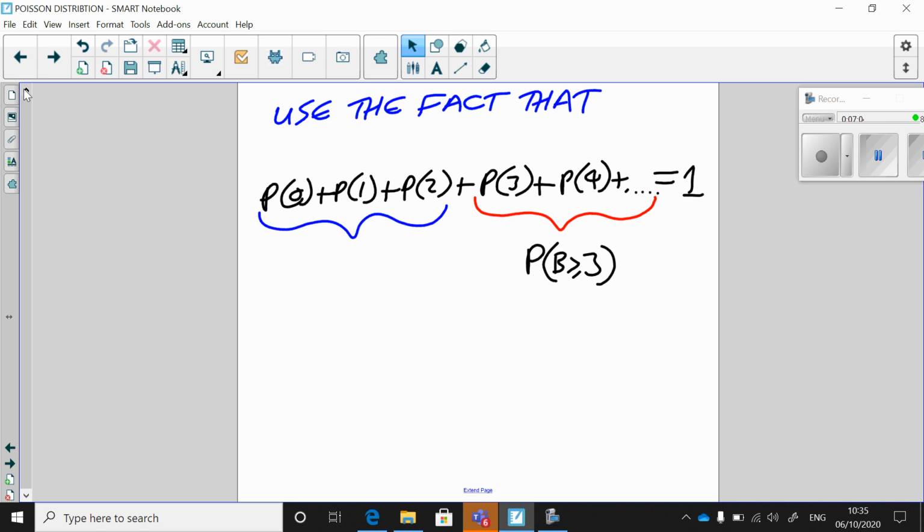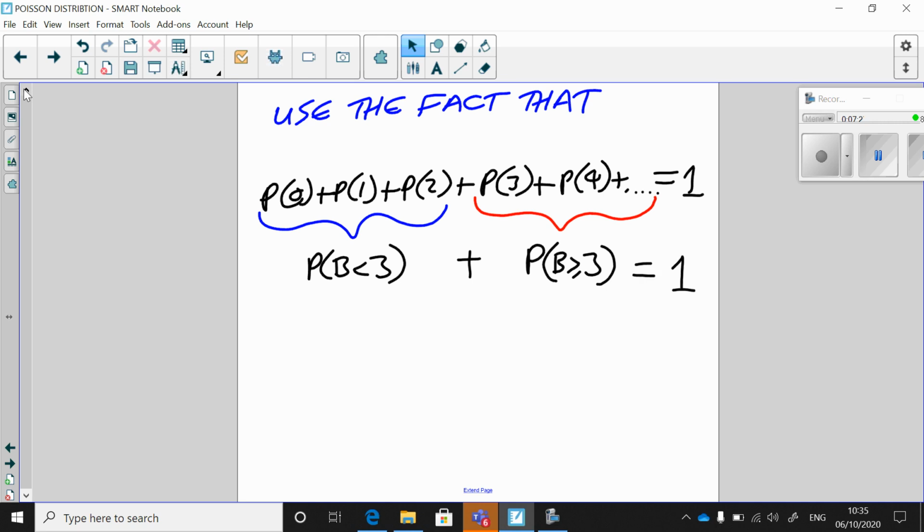We don't have them. That is the probability of bacteria being less than 3, because 2 is less than 3, 1 is less than 3, and 0 is less than 3. So that's what we've got there, folks. Those two must add up to give me 1.